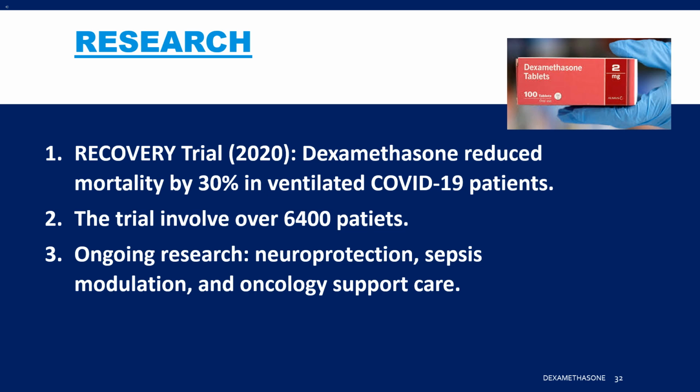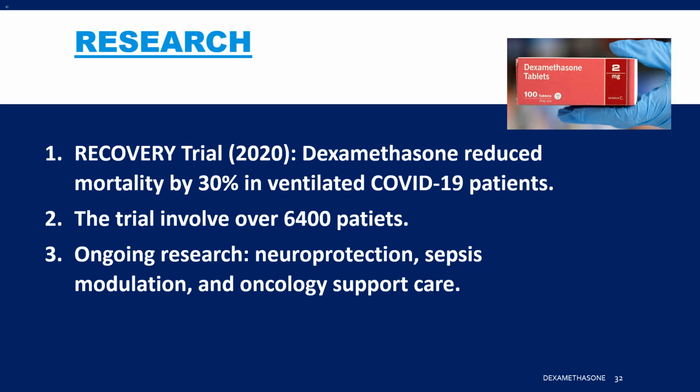3. Ongoing research is exploring the potential benefits of dexamethasone in other areas, including: 1. Neuroprotection. Investigating dexamethasone's role in protecting the brain from damage caused by inflammation or injury. 2. Sepsis modulation.